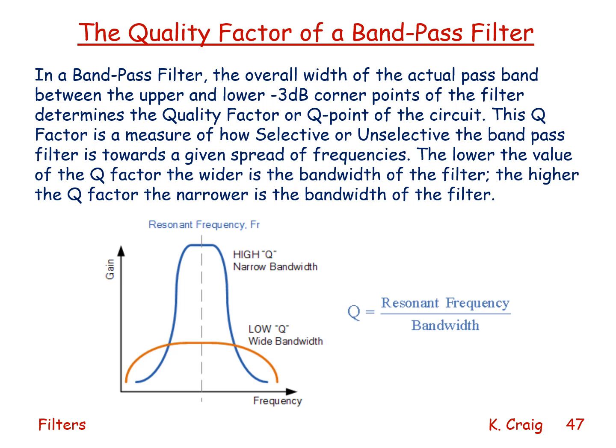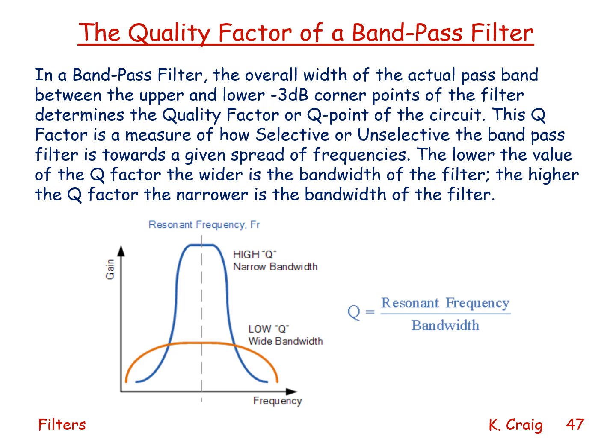The quality factor of a bandpass filter tells us how narrow or wide the bandwidth of the bandpass filter is. In a bandpass filter, the overall width of the actual pass band between the upper and lower minus 3 dB corner points of the filter determines the quality factor, or Q point, of the circuit.